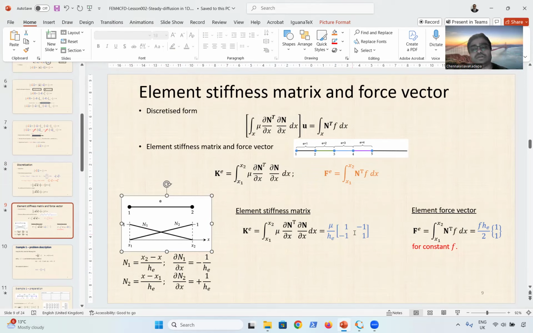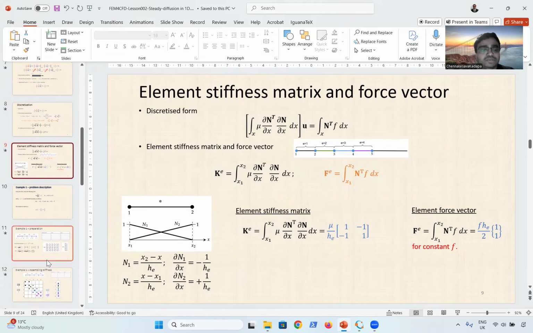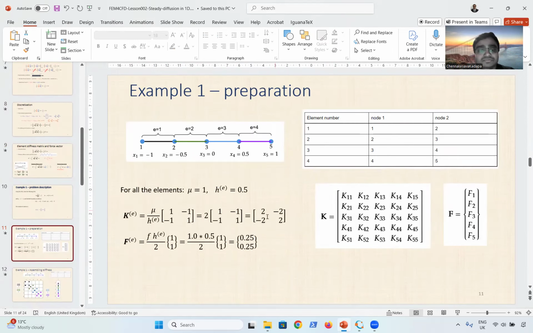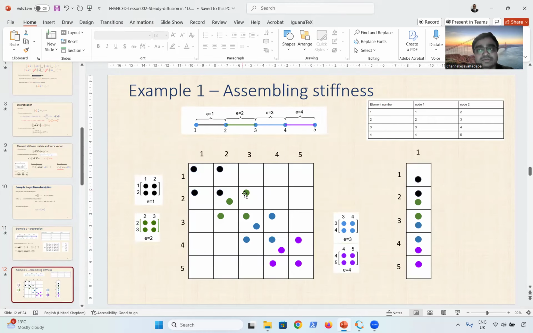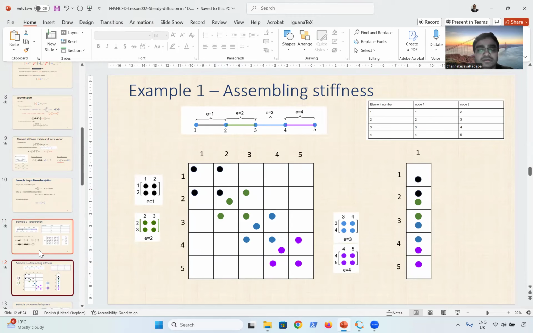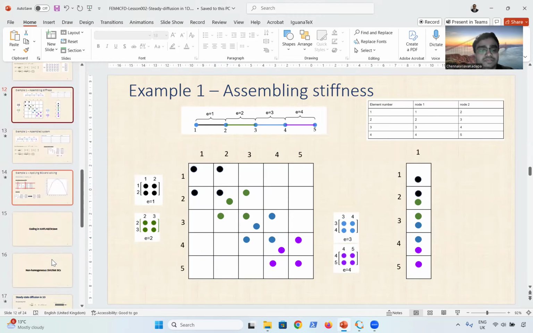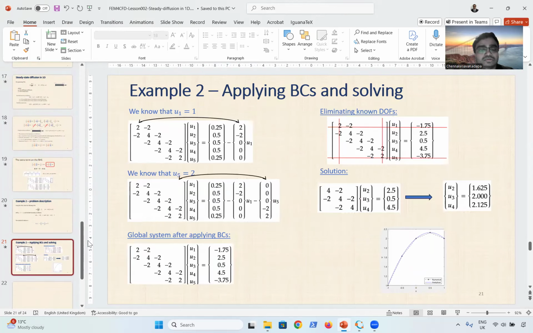So that's the theory, and in terms of implementation, we need to prepare arrays for assembling the element stiffness matrices into the global stiffness matrix and the element force vector into the global force vector. And then if we have non-zero boundary conditions, we need to account for them through these extra terms that modify the global force vector.